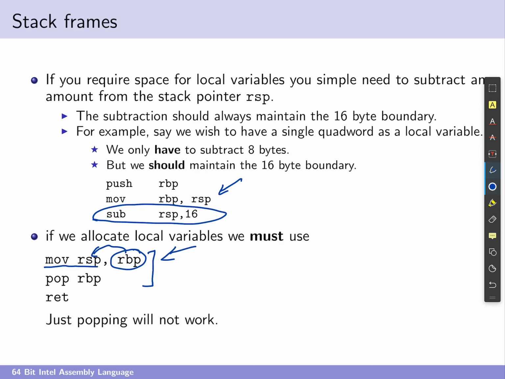So that's why we have that instruction over there. Something to keep in mind here is that just popping is not necessarily going to work, because we're not going to effectively reinstate the stack pointer then. We need to make sure that we set the stack pointer back so it's correct by the time the high level function is accessing it again.